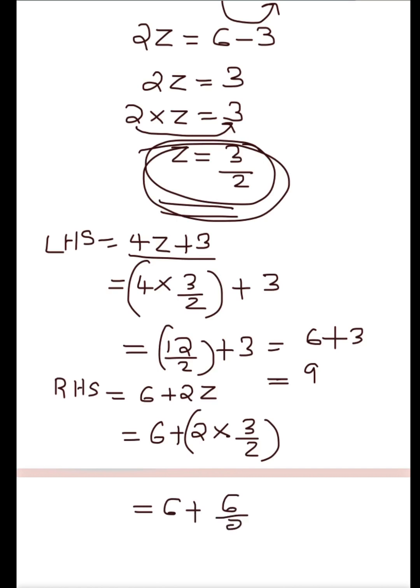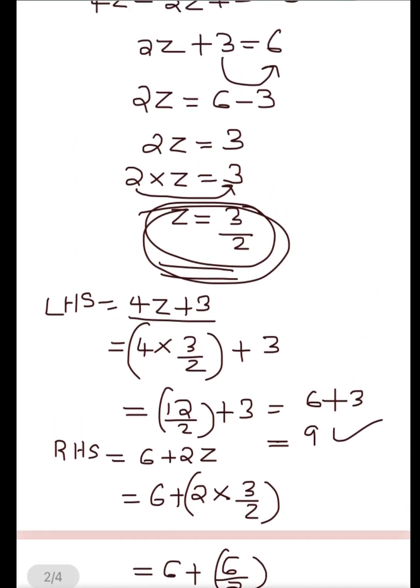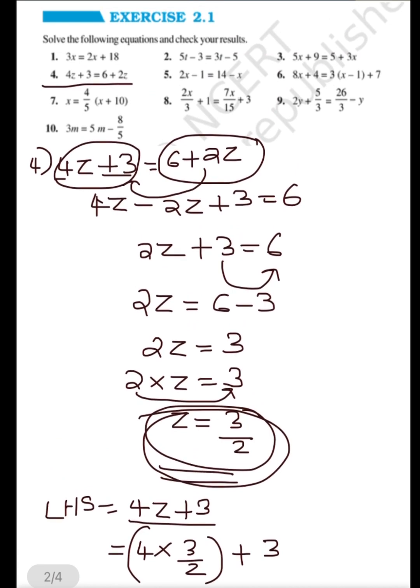That is 6 by 2. So 6 plus 3 is again 9. So you got LHS as 9 and RHS as 9. That means LHS is equal to RHS, or you can say your solution is correct. Your solution z equal to 3 by 2 is correct. So that's all about the fourth question.